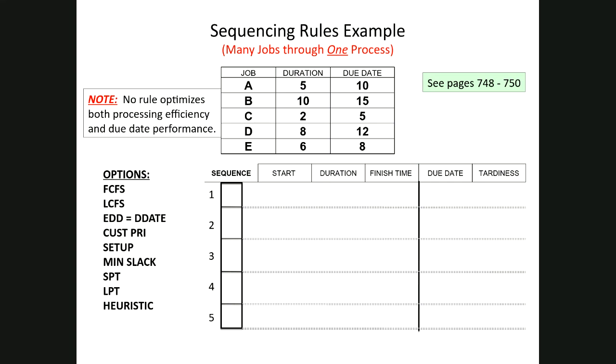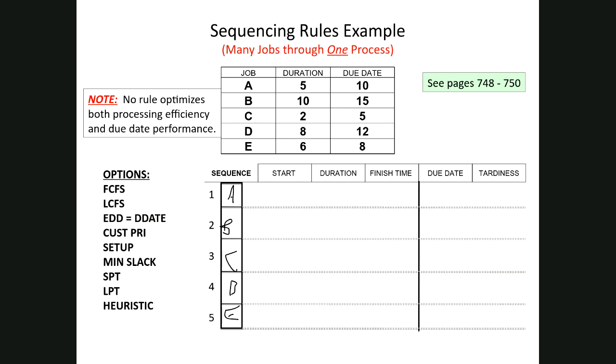So let's just arbitrarily pick a sequence, and I'm going to choose the first come first served sequence. So our sequence is going to be A, B, C, D, and E. And for each one of these, we're going to write down the duration.